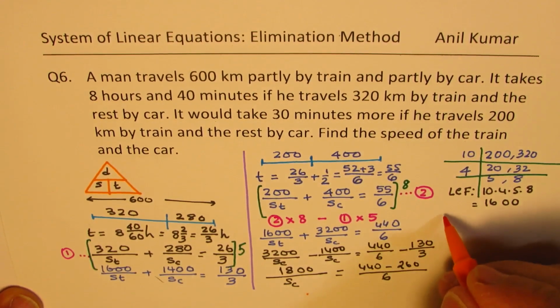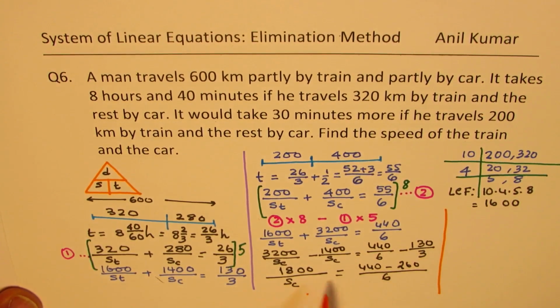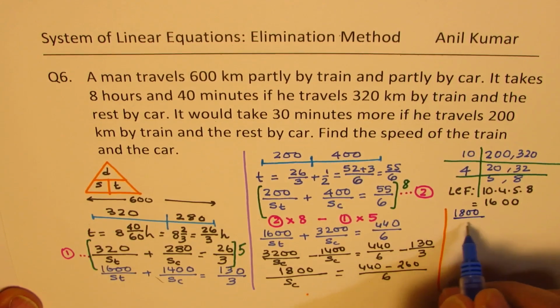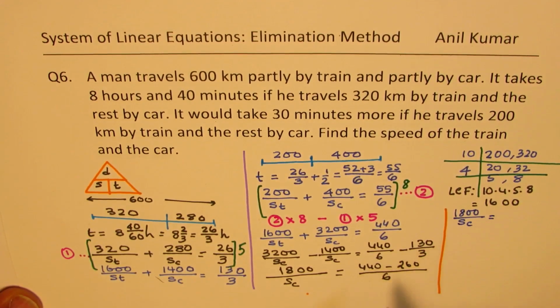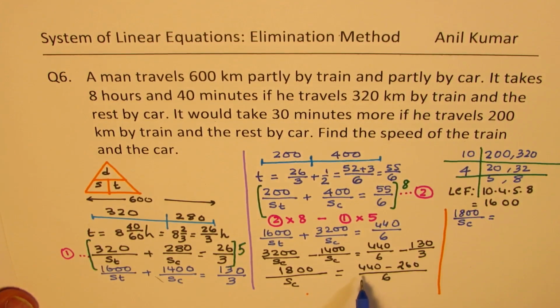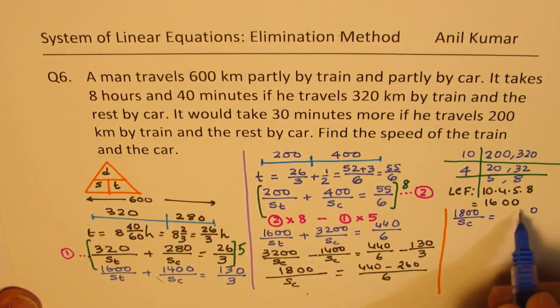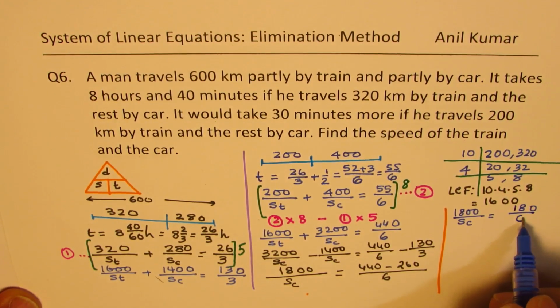Correct? So let's do this math now. So what we get here is 1800 over speed of car equals 2. So when you take 260 away from 440, we get 180. 14 take away 6 is 8. 3 take away 2 is 1, over 6.